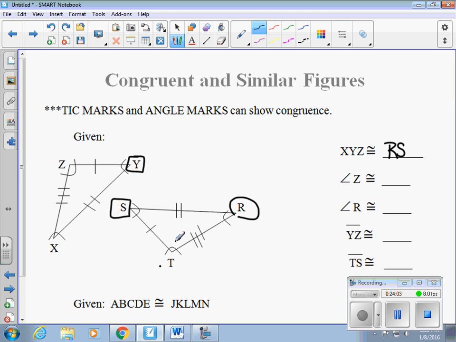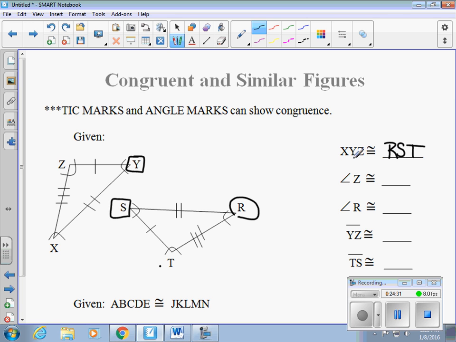Well, this one, if you remember from our drawing a minute ago, they put 3 tick marks to tell us that this side is the same as this side. And when they use 2 tick marks, then 2 and 2 match up. Okay? So most of the time they tell us measurements, though. But sometimes they'll put these little tick marks on there. And what other side matches with Z? T. So now I know these 2 triangles.